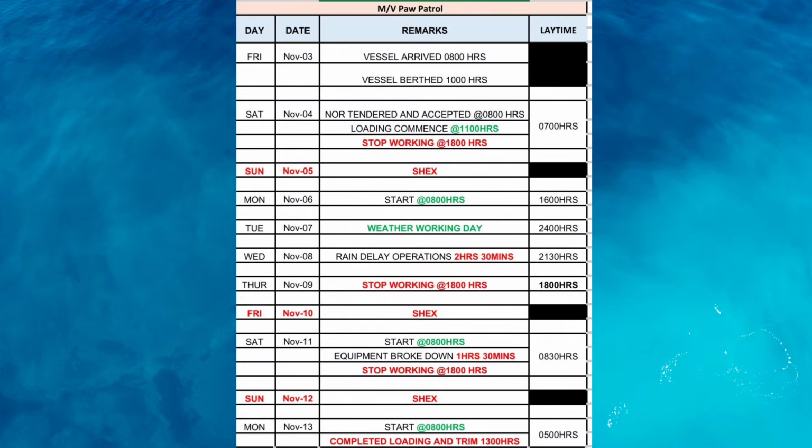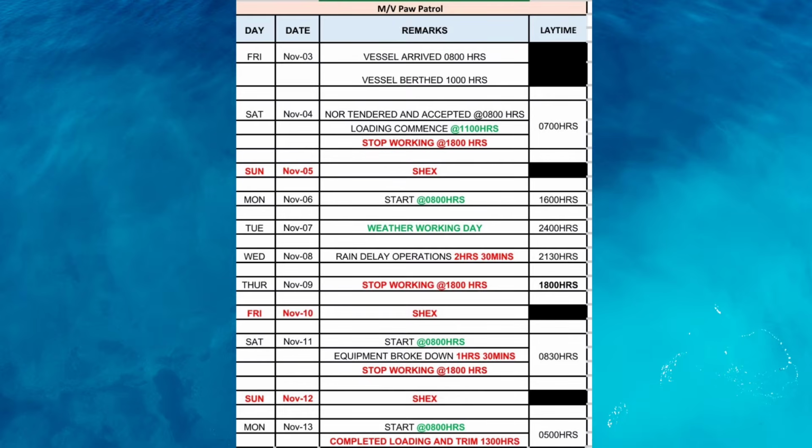So what this means for Saturday is that we work until 1800 hours in that day, and because we started at 8, lay time should not be counted before 8 o'clock. So for 8 hours out of that day, lay time was not counted.